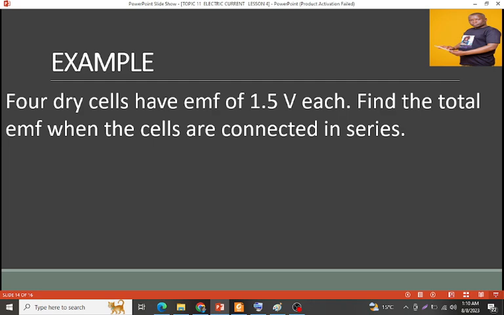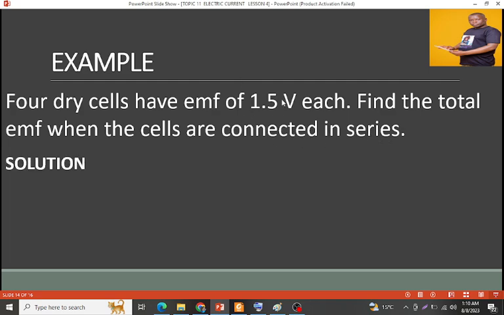Suppose we have 4 cells, such that each cell has a voltage, rather an EMF, of 1.5 volts. You can find the total EMF when the cells are connected in series together.